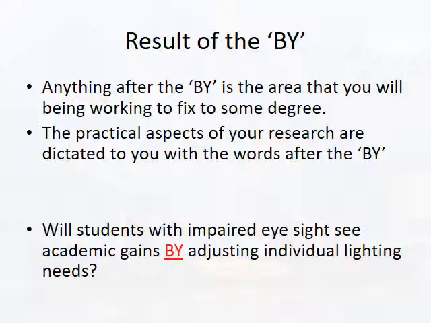Just to take a look at this one last time here. Will students with impaired eyesight see academic gains by adjusting individual lighting needs? So, individual lighting needs. I'm thinking about differentiated lighting. I'm thinking about IEP goals. I'm thinking practically about maybe setting up a lamp, so I can get some kind of yellow light and more comfortable lighting instead of fluorescent light.